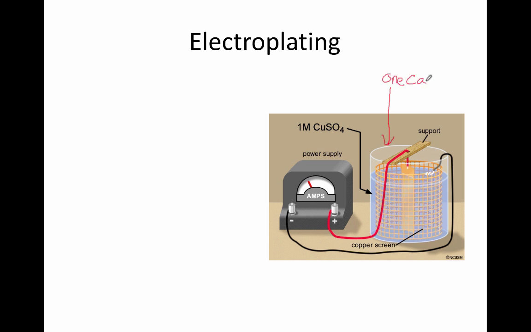Your anode and your cathode are in the same container, unlike in the galvanic cell where you have two separate containers. So on a prompt where you are given a picture of an electrochemical system, if there's only one container, then it's going to be an electrolytic cell. If you have two containers, then it's going to be a galvanic cell.